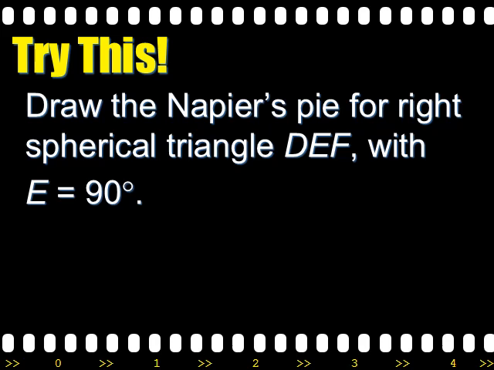And the next step, ipaplat nyo yung angles, dapat nasa magkabilang side ng hypotenuse. And then last step, ipaplat nyo na yung sides, but make sure that the opposite side, hindi sila katabi ng kanilang opposite angles. Pause nyo muna tong video na to and try to figure out kung paano nyo to gagawin. And then, pag natapos nyo na yung Napier spy, continue with the video para malaman nyo kung ano yung sagot.